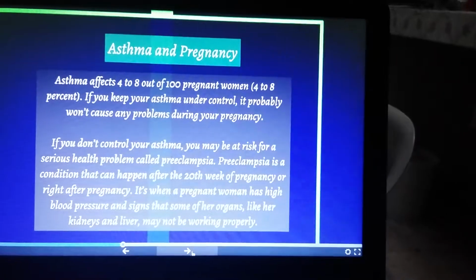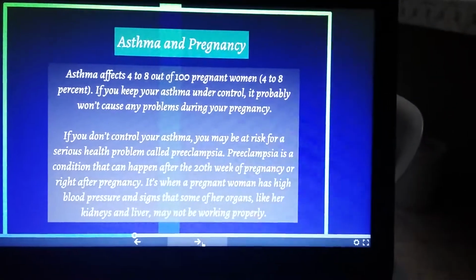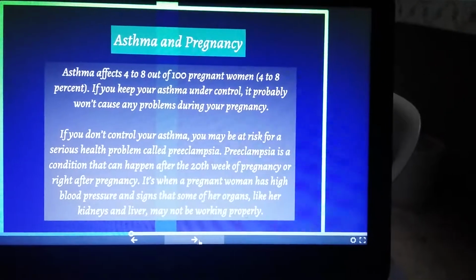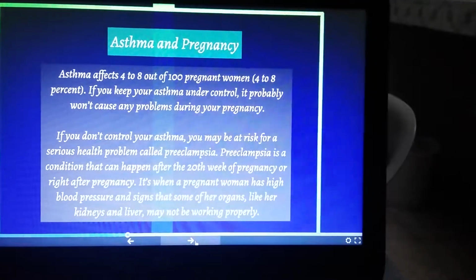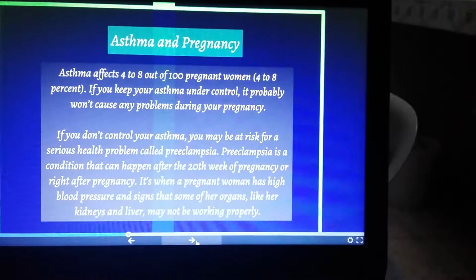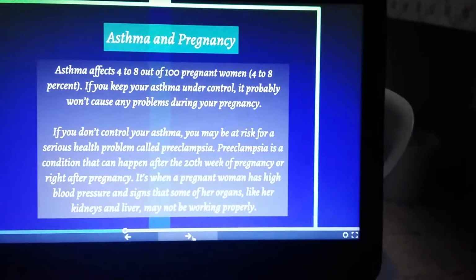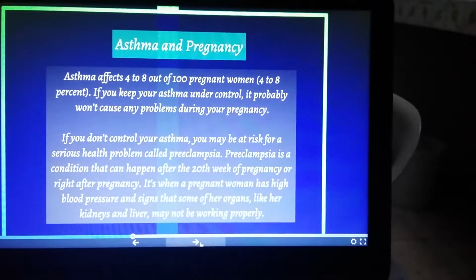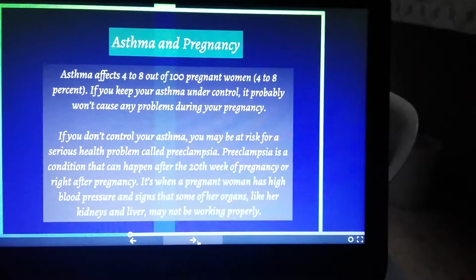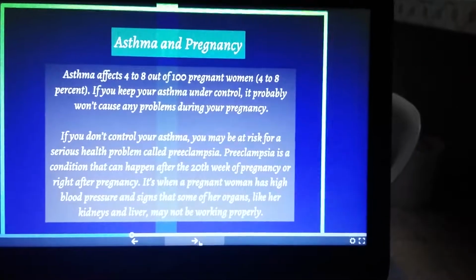Asthma and pregnancy. Asthma affects 4 to 8 out of 100 pregnant women, 4 to 8%. If you keep your asthma under control, it probably won't cause any problems during your pregnancy.